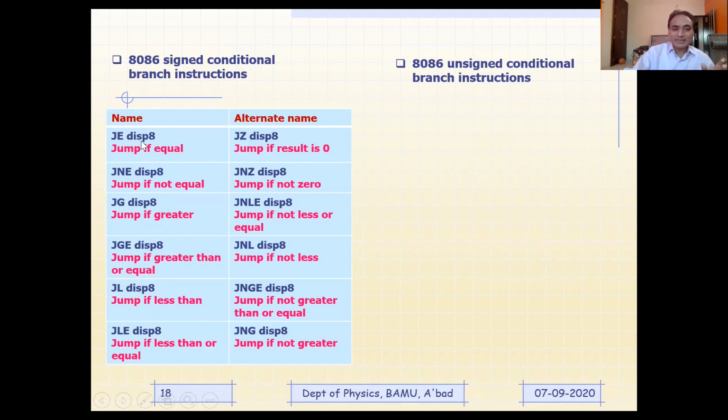If it is DISP 16, this is going to be a near jump. And in most of the instructions, my friend, you are either going to have a near jump or a short jump. Far jump is rarely used in programming, because usually we don't transfer control from one segment to another segment.